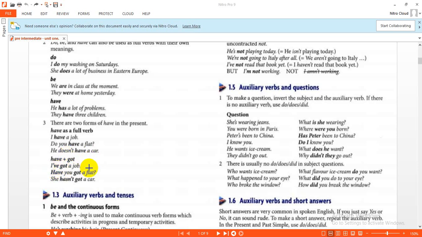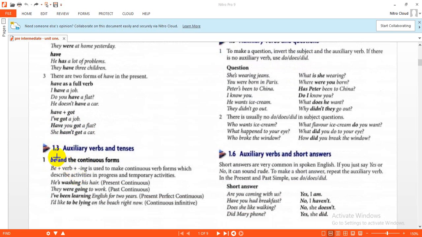Have you got a flat؟ وهنا تأتيني على طريقة سؤال، بمعنى هل تحصلت على شقة أو هل لديك شقة. She hasn't got a car هي ليست لديها سيارة.